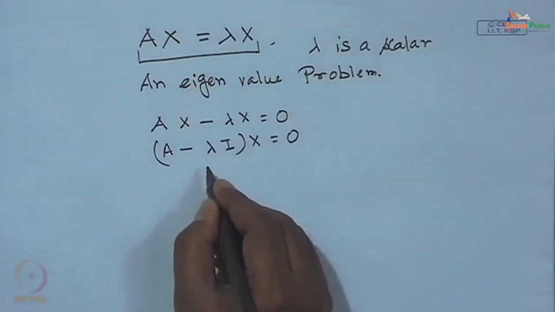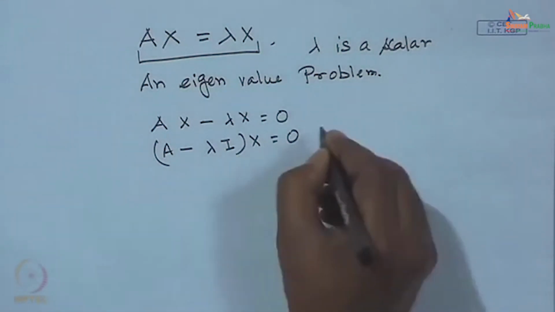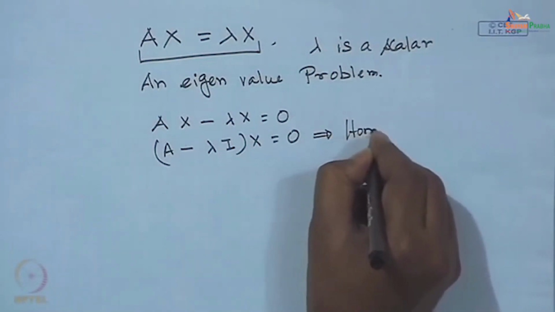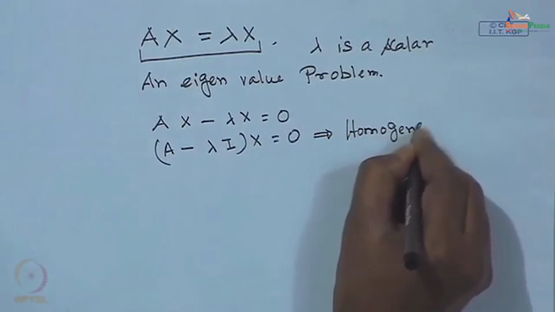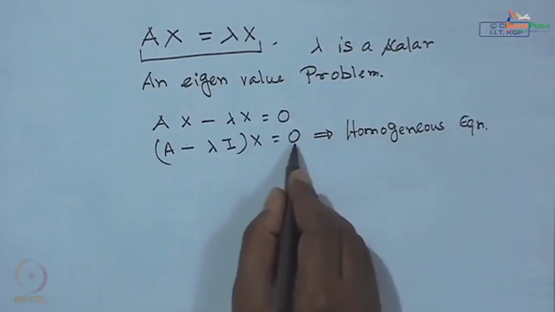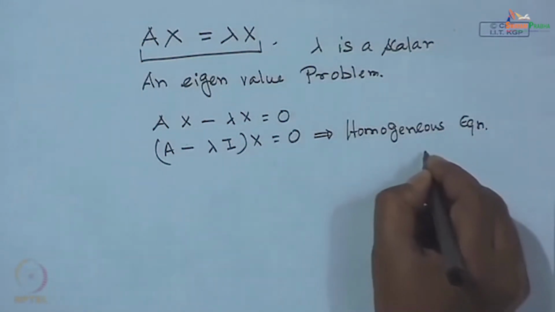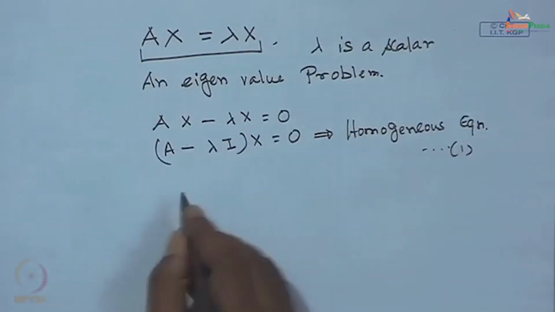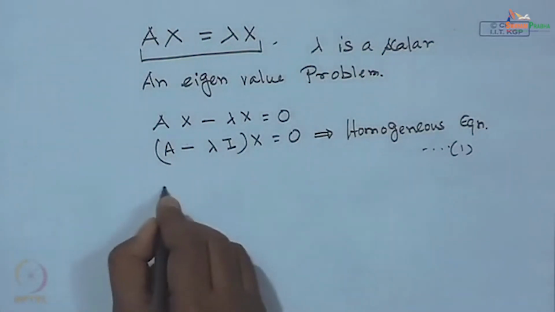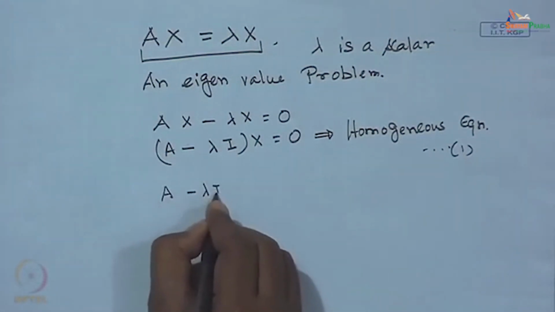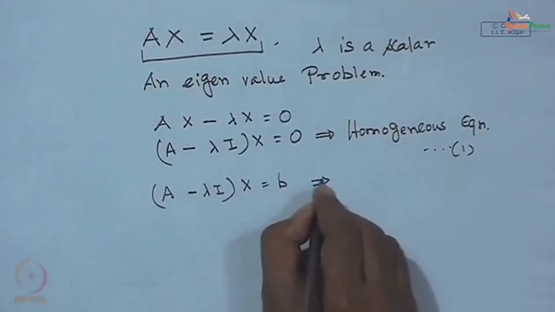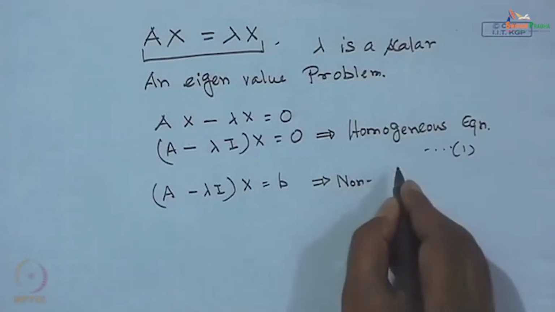This equation is a homogeneous algebraic equation, absolutely homogeneous, as there is no non-homogeneous term present on the other side. If the form of this equation is (A minus lambda I) times x is equal to b, this is a non-homogeneous equation.